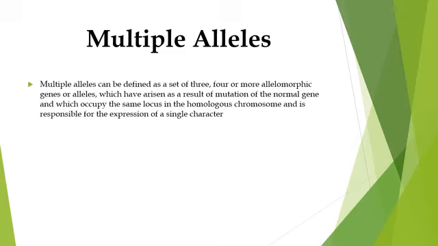Multiple alleles. According to Mendel, a character can have a maximum of how many alleles? Two alleles. Yes, this is Mendel's concept. But now again we are getting a new concept.